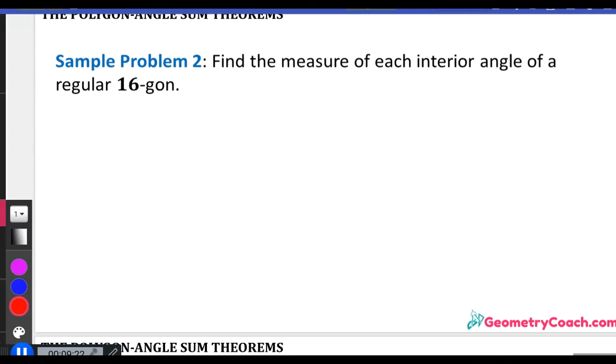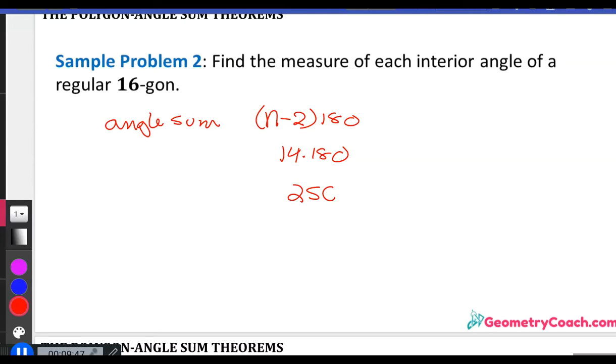Okay, so let's find the interior angle of a 16-agon. So start by finding the angle sum. So it's n-2 times 180. So we've got 14 times 180, which is 2,520.